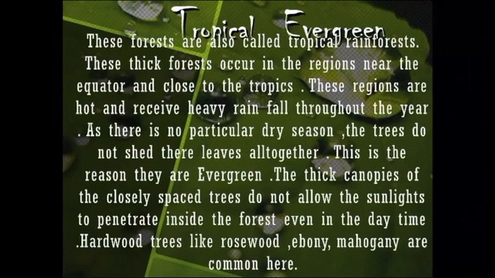The main hardwood trees in the tropical evergreen forests are rosewood, ebony, mahogany, ivory wood, bamboos, etc. They also have a large variety of wildlife, which includes animals, birds, reptiles, etc. The main animals here are monkeys, gorillas, hippopotamus, and the anaconda, one of the largest pythons, which dwells here.